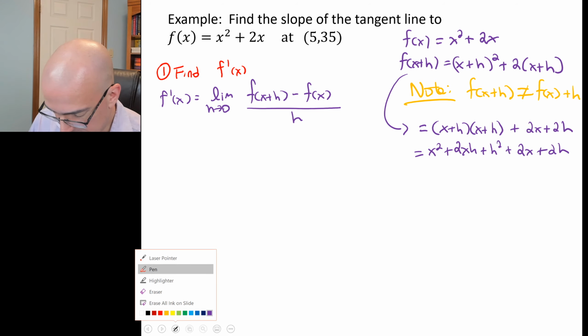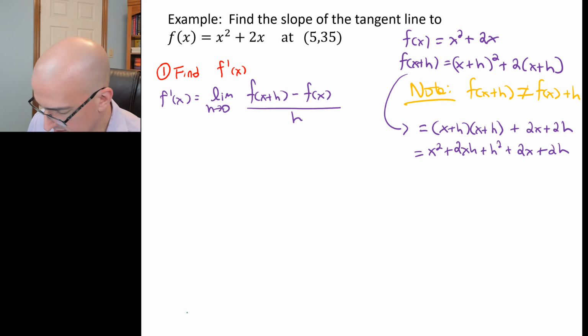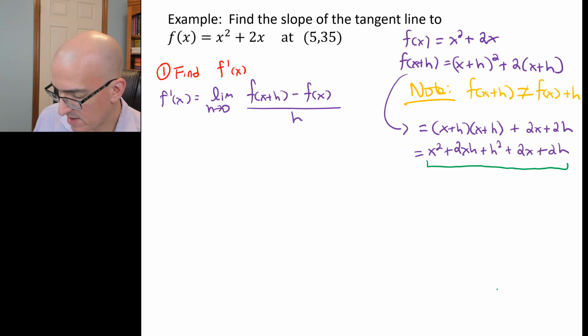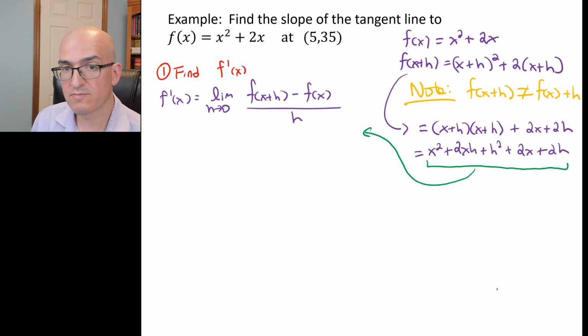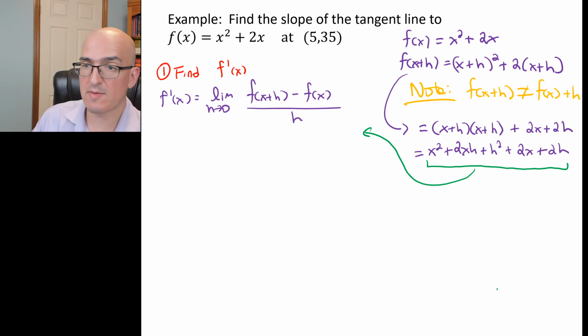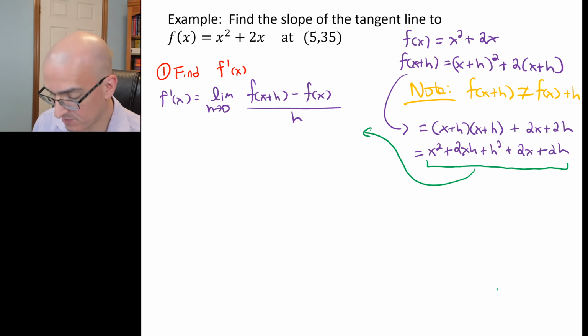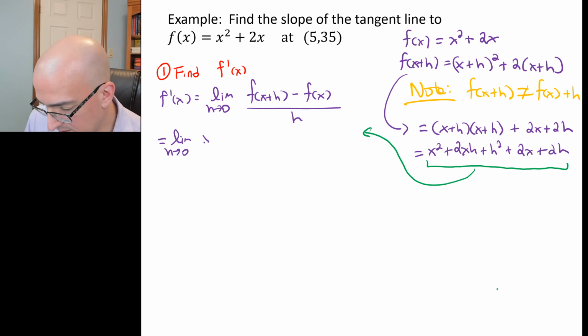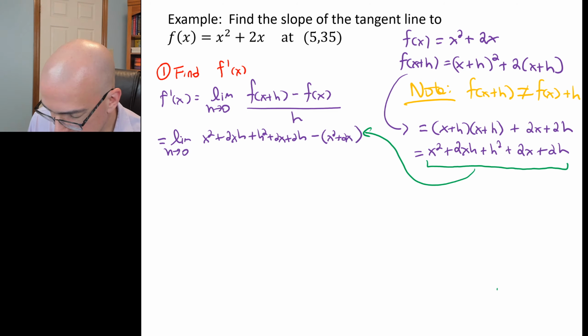I know it's called the four-step process, and we can do some of the steps off to the side, but I'm just going to stop there for side calculations. I'm going to plug that in for f of x plus h. So this equals the limit as h approaches 0 of x squared plus 2xh plus h squared plus 2x plus 2h minus the bracket x squared plus 2x, all divided by h.